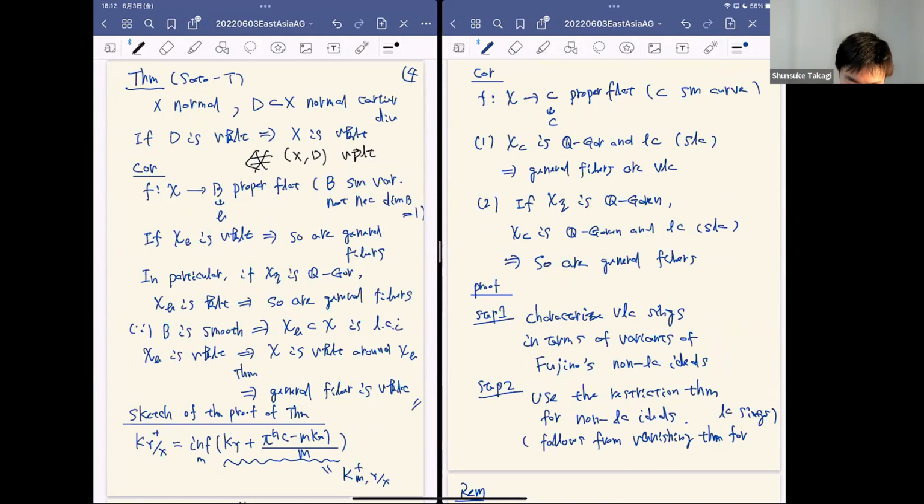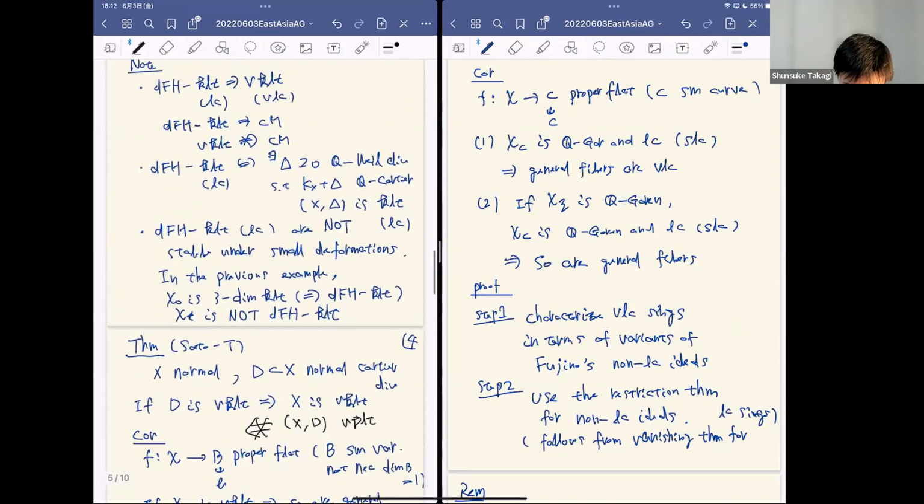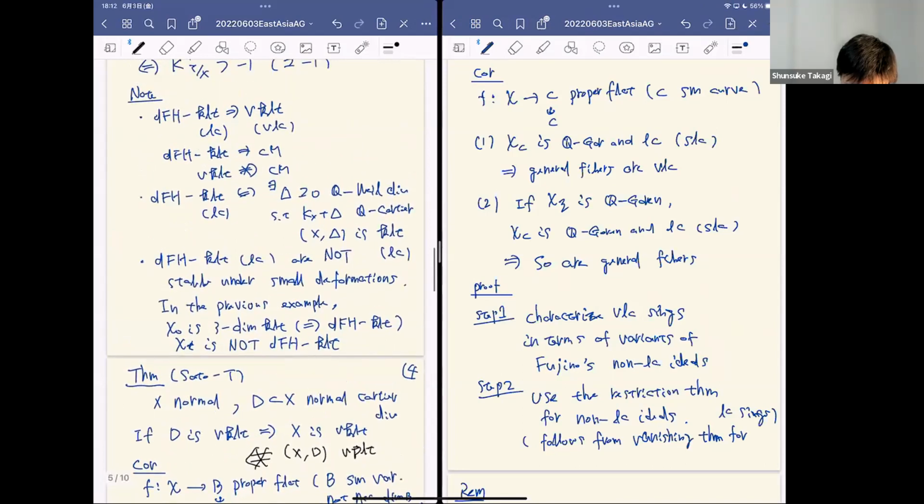So this direction is okay for variative KLT. Variative KLT singularity has an advantage and a disadvantage: inversion of adjunction is okay, but adjunction is not.